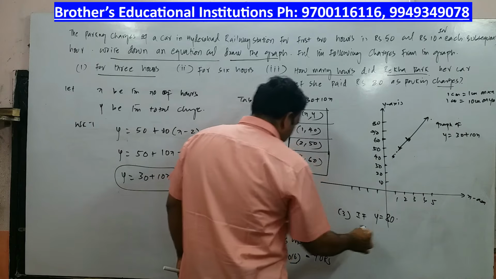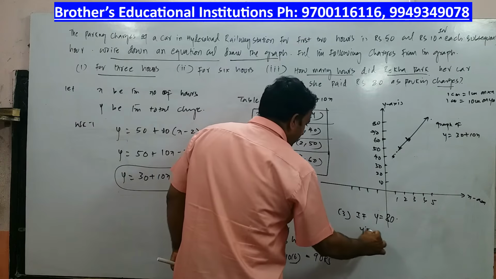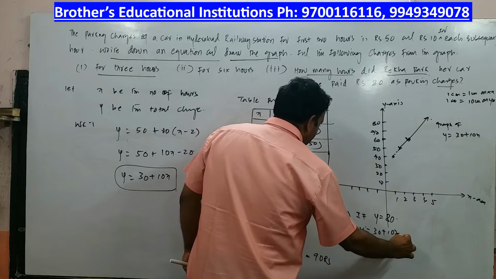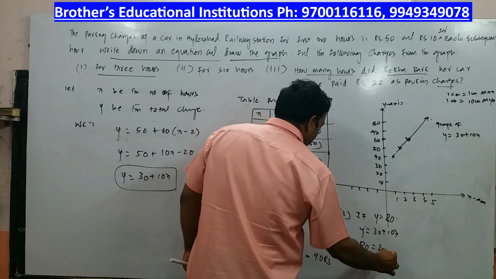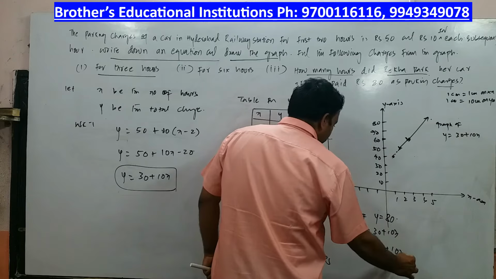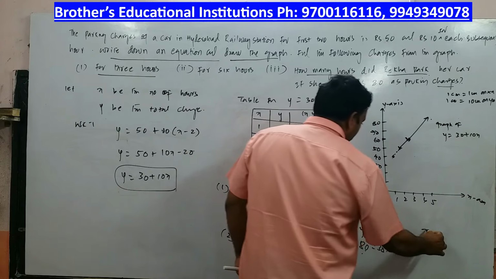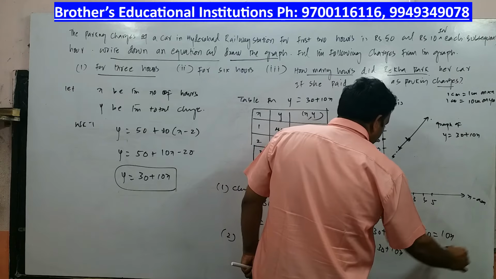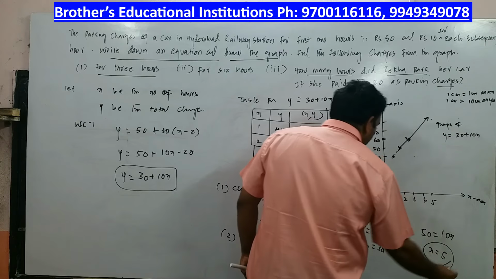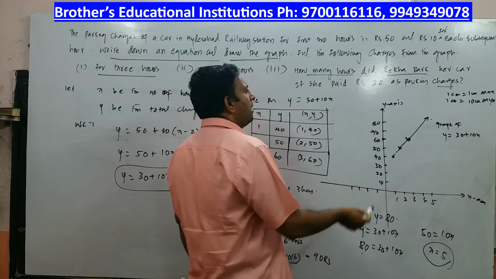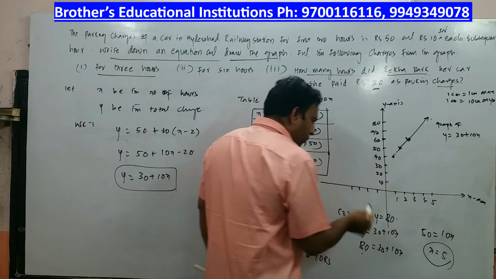You have to put in the relationship Y is equal to 30 plus 10x. So 80 is equal to 30 plus 10 into x. Now 80 minus 30 is 50, so 50 is equal to 10x. So x is equal to 5. Means Rekha has parked her car for 5 hours. You can do it this way.